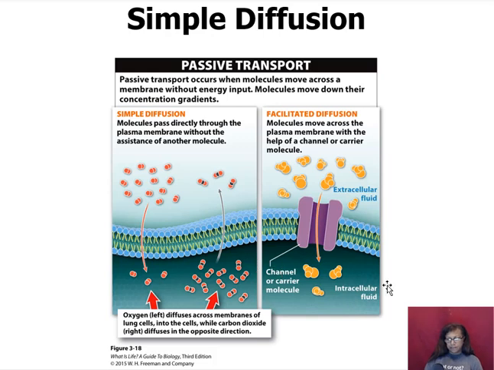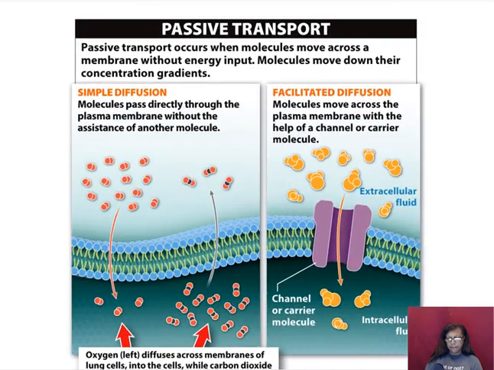So how does that work in the body? Let's zoom in on simple diffusion in the body. We know that passive transport occurs when molecules move across a membrane without energy, right? That's what makes it passive. These molecules are going to move down their concentration gradient.